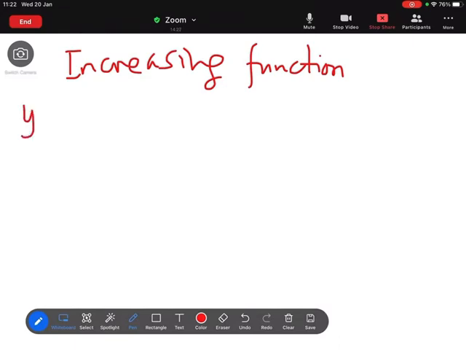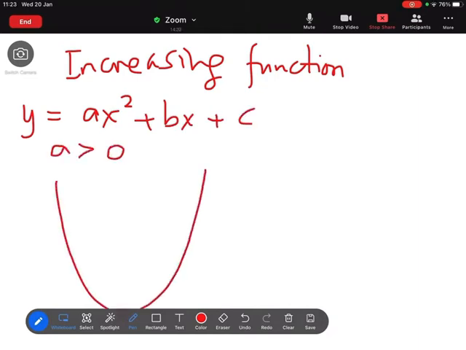So imagine we have y equals ax squared plus bx plus c, and a is greater than 0. It will look like that.